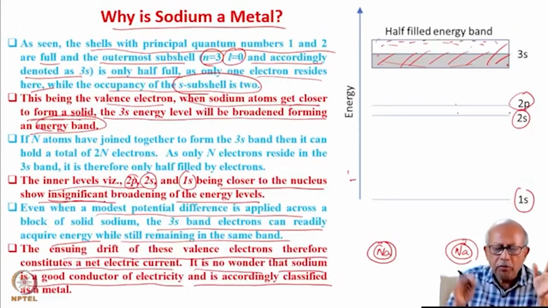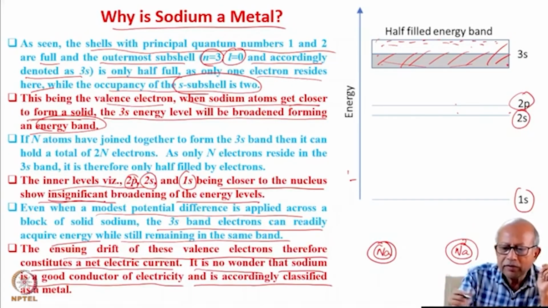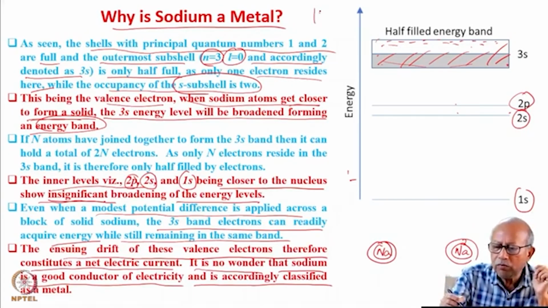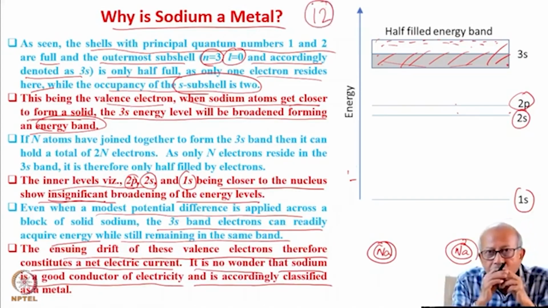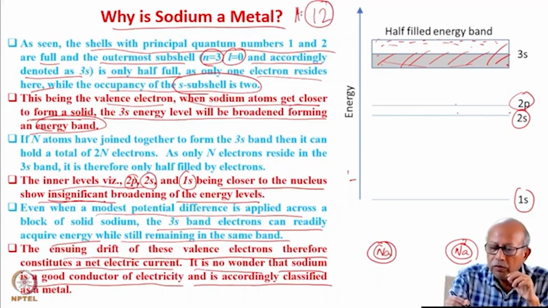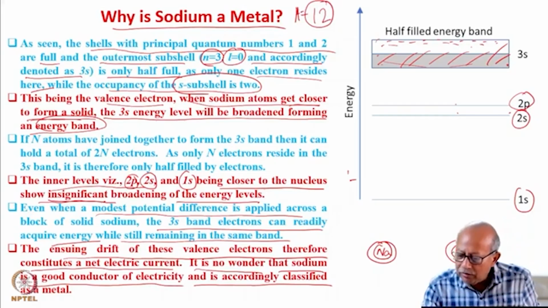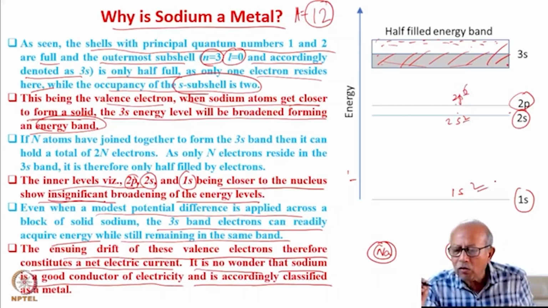To further elaborate it, just suppose, consider atomic number 12. Then it will have 12 electrons to be accommodated, of which 10 have already gone here. So 1s2, 2s2, 2p6, so 6 plus 2 plus 2, 10 are already gone.